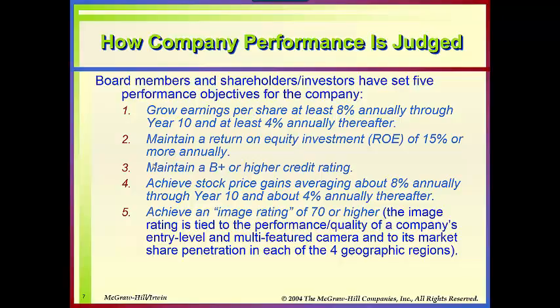And then you also want to achieve an image rating of 70 or higher. And the image rating is basically a combination of the quality of your camera and the social work that your company does with green initiatives and charitable investments.